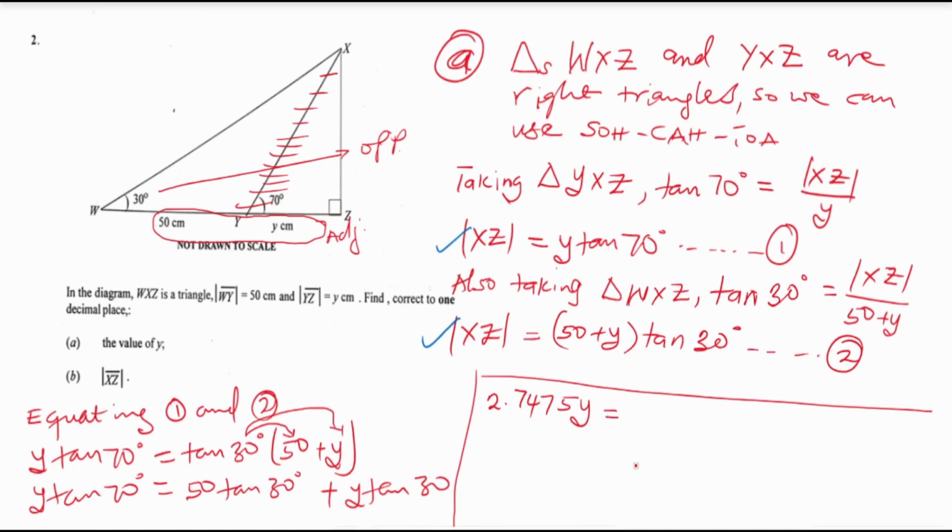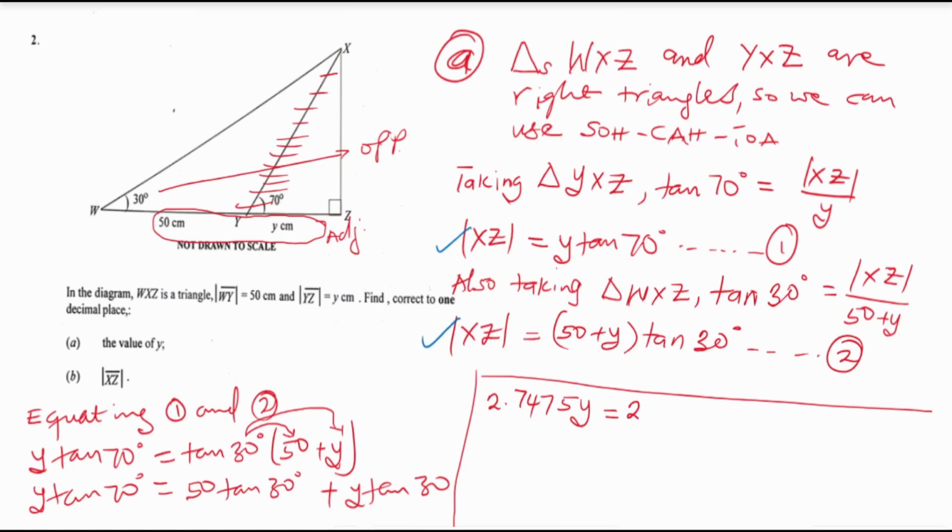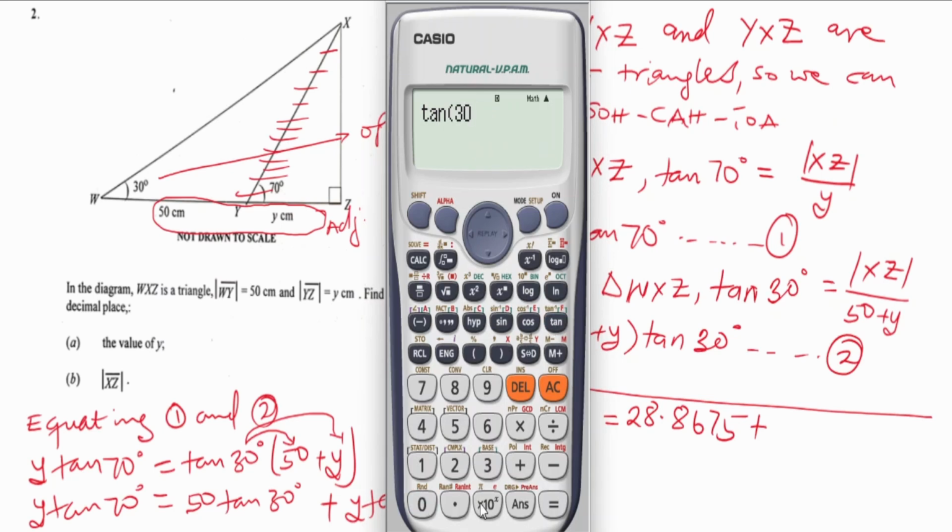And that will be equal to, let's look at 50 times tan 30, which is 50 root 3 over 3, which in decimal is 28.8675. Then plus, let's take tan 30 alone for this side. Tan 30 is root 3 over 3, which in decimal is 0.5774.